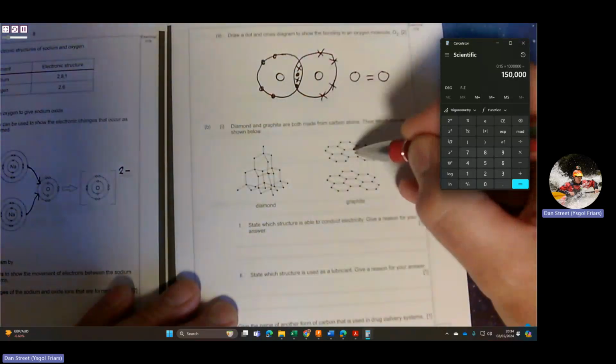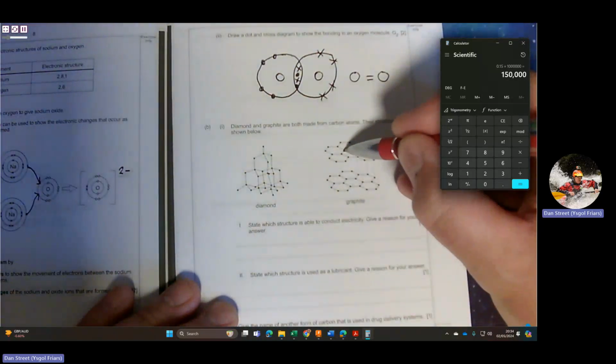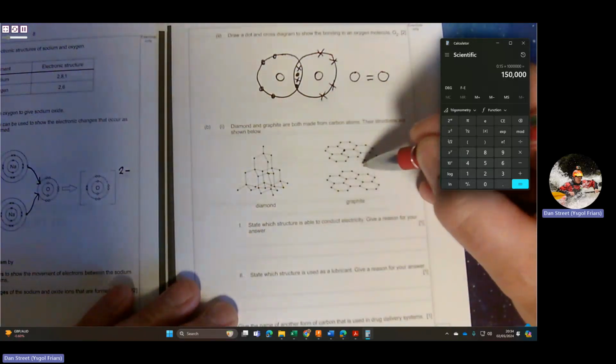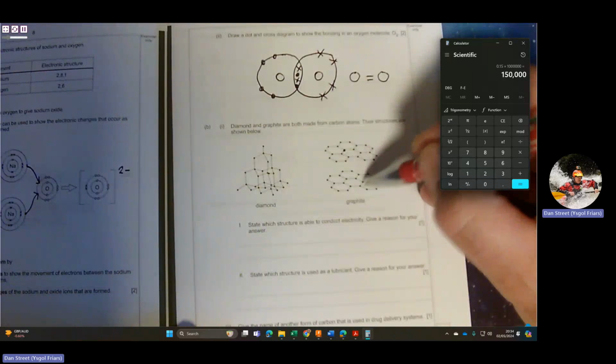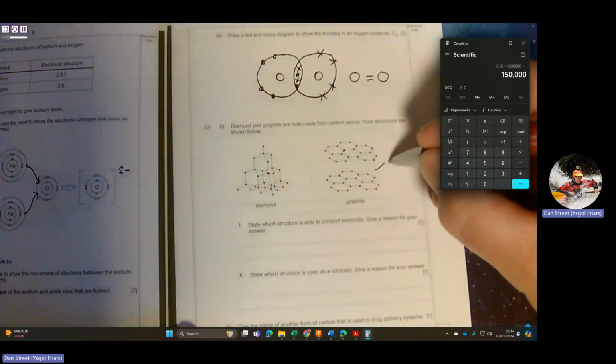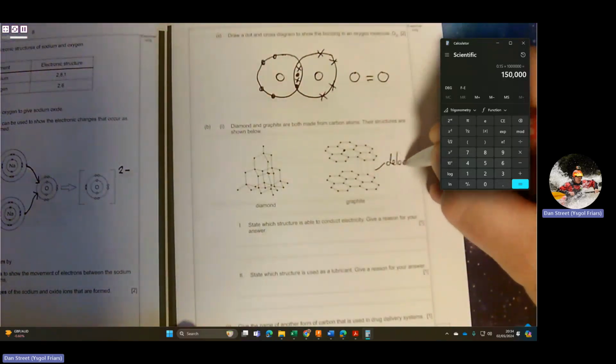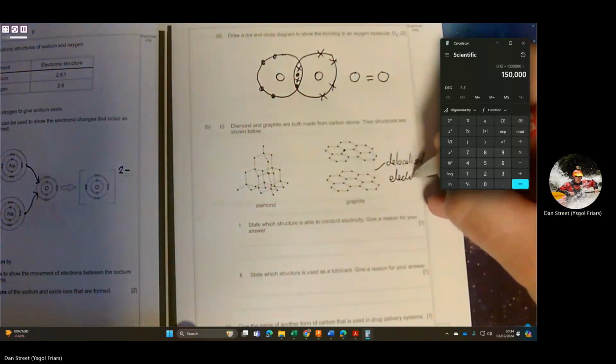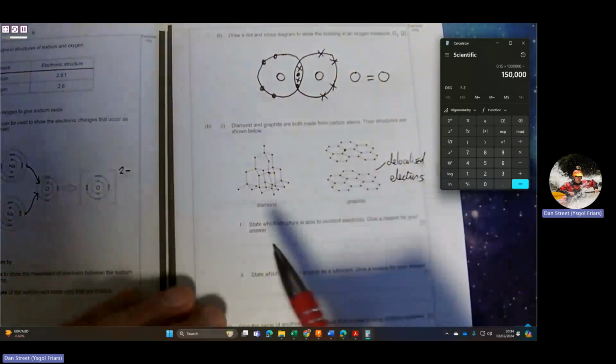However, in graphite each atom is only bonded to 3 other carbon atoms, and consequently it has the capacity to produce these delocalized electrons. These dotted lines represent delocalized electrons. So with that in mind, we'll have a look at the question.